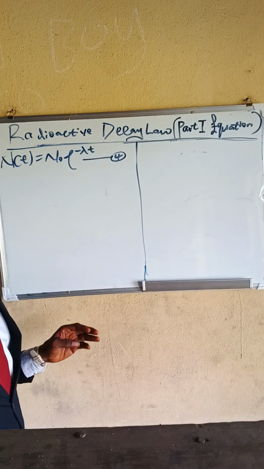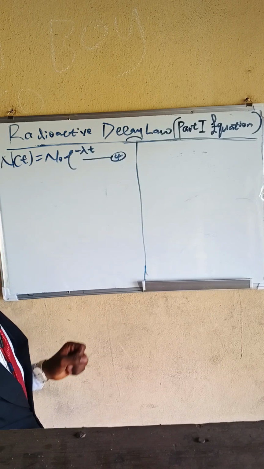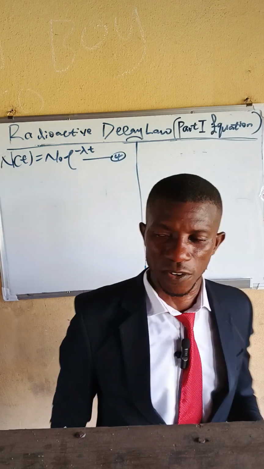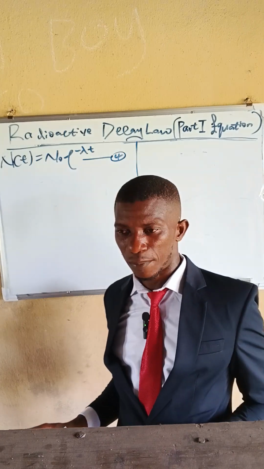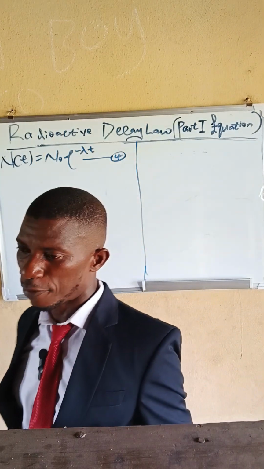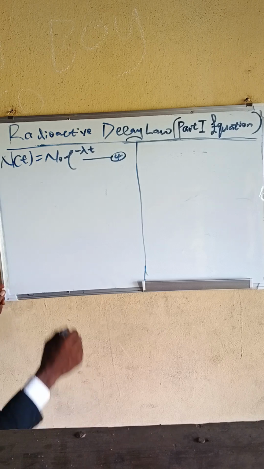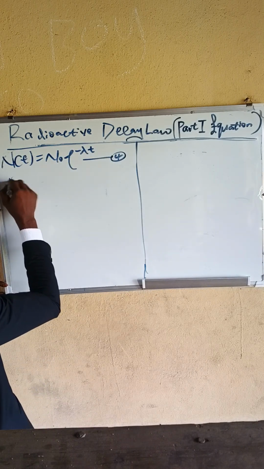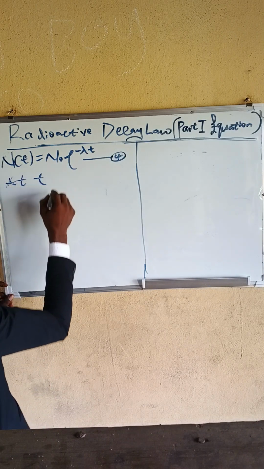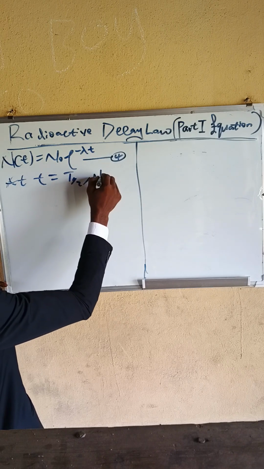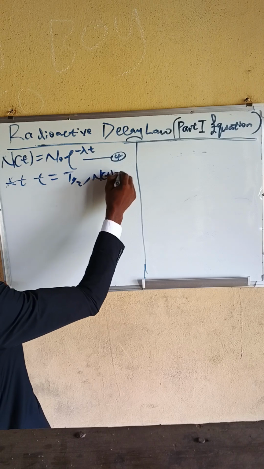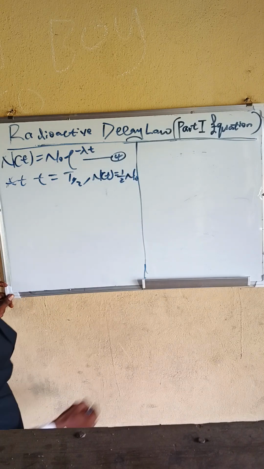Now, the next one is the half-life. The half-life of a radioactive nucleus is the time taken for an atom or unstable nucleus to decay to half of its original value. Meaning that at t equal to t half, N of t is equal to half N naught.